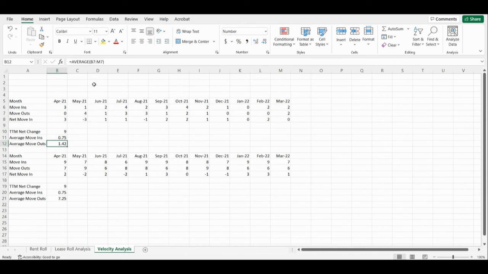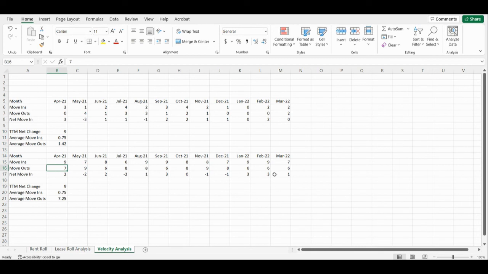Obviously, we don't have any information about the size of the property or the location of the property, but if you were given 2 properties of equal size in similar locations and their net change was the same over a trailing period, you'd then want to look at the size of the move-ins and move-outs to consider how difficult it would be to keep up with the move-outs that are occurring.